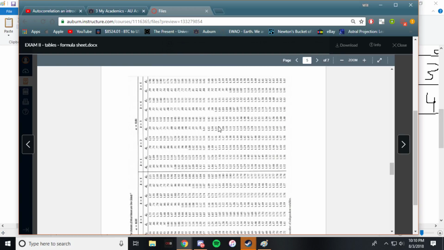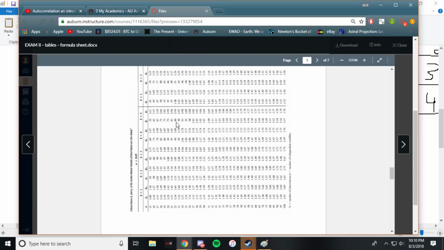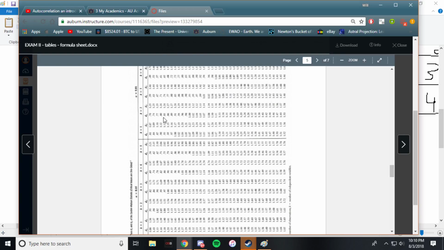We are interested in this half of the table for alpha 0.01. The far left is our N, so we go to 20, and follow it across to 0.01, and up at the top it shows our K. That gives us a DL value of 0.95 and a DU value of 1.15.